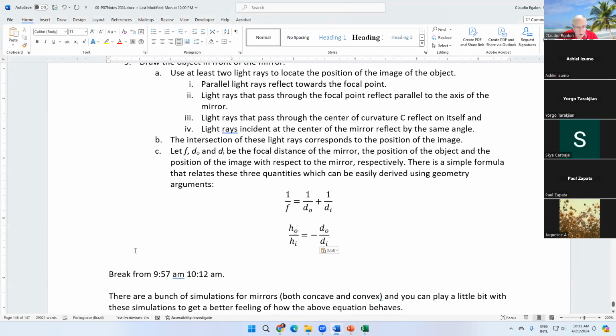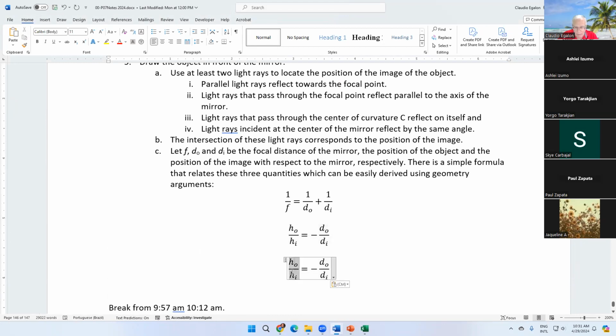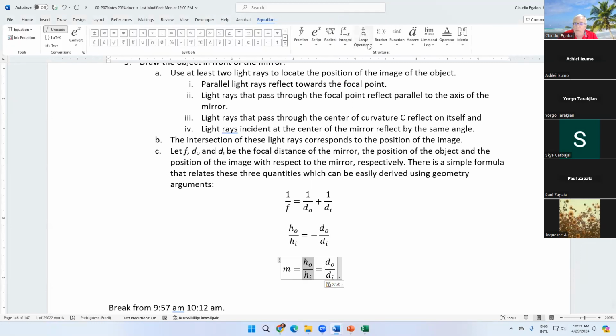Okay, and we have also this parameter that we call magnification. Magnification M, okay, is given by this equation.